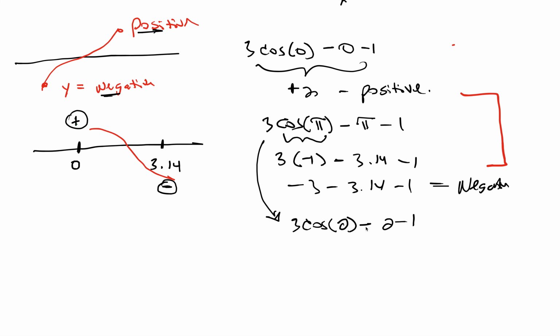Correct. But Newton's method requires these iterations. It's like try this number, then try this number, then try this number, then try this number. But because you know how to use a calculator, it's not going to be awful.